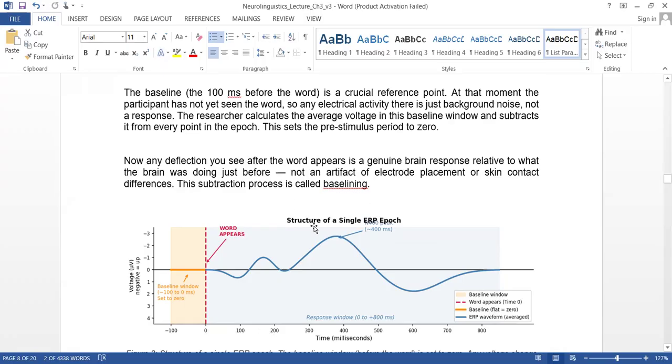For example, you can see over here, because this is minus 100 milliseconds, right? And from here, if you start measuring the voltage, whatever the electrical activity is there, and you subtract it from when the very first word appears, so when you subtract it, it becomes zero.